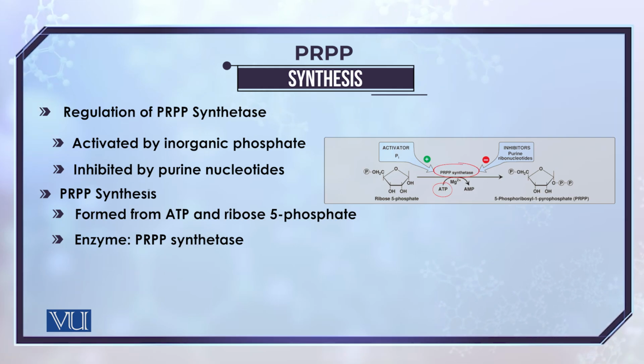This is a very important starting point for the synthesis of purines. As far as the regulation of the formation of PRPP is concerned, it is activated by inorganic phosphate, and it is inhibited by the purine nucleotides. Again, because of the feedback mechanism, a product tends to inhibit its reaction.